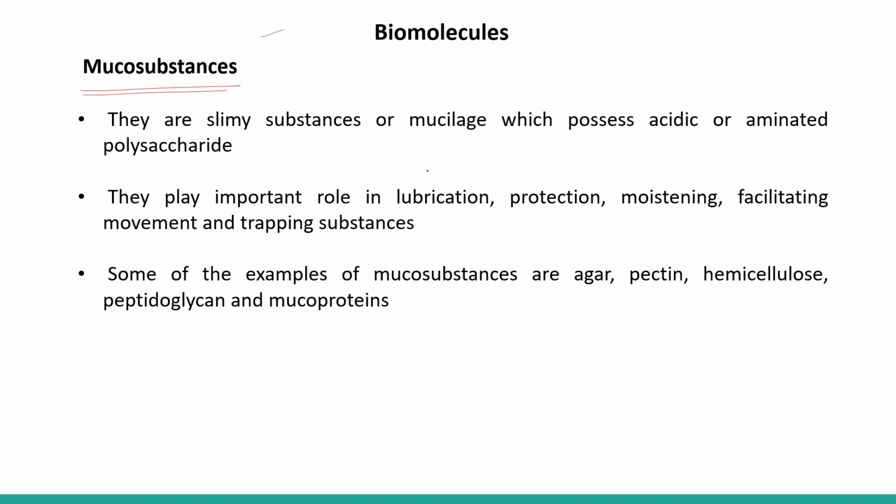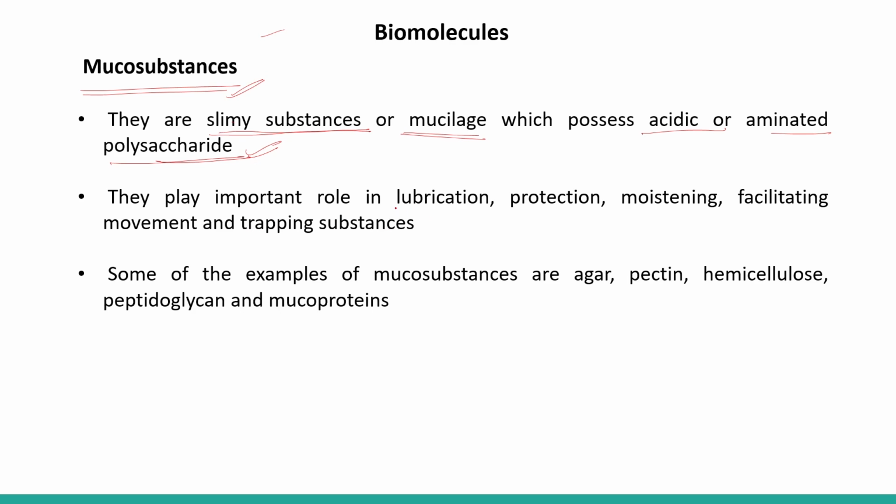The last type of polysaccharide is the mucosubstances. They are slimy, mucilage-like substances and possess acidic or aminated polysaccharides. So basically they are acidic in nature and they are mucilage. Wherever the mucilage structure is there, that is a type of polysaccharide, the mucosubstances.